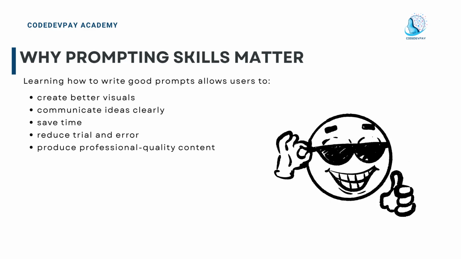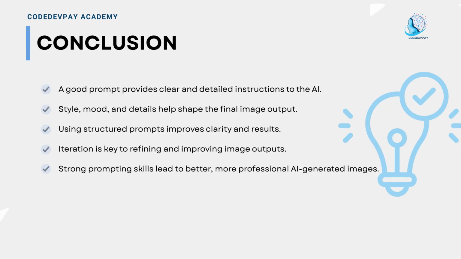So why do prompting skills matter? Learning how to write very good prompts allows us to create better visuals, communicate ideas clearly, save time, reduce trial and error, and produce professional and quality content. So we've seen that a good prompt provides clear and detailed instructions to the AI, and style, mood, and details help us shape the final image output.